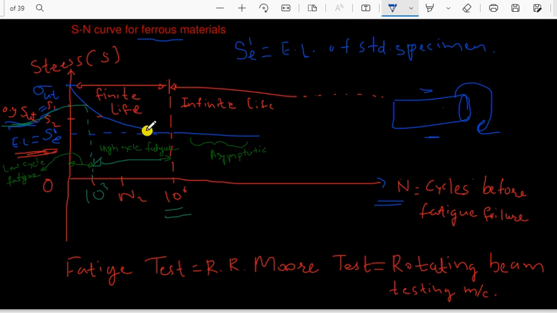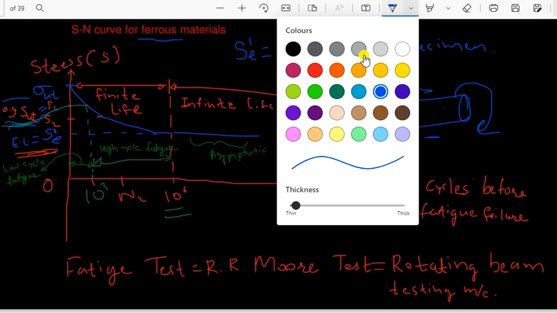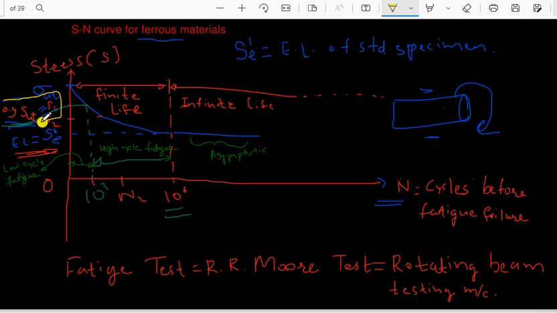This curve you can get after reducing the stress value. Let us say this is a particular value. I will change the color so there will not be any confusion. Yeah, you can see here, this particular value is nothing but this line, that means 90% of the SUT. If I put a stress equal to 90% of SUT, then I will get a particular point.